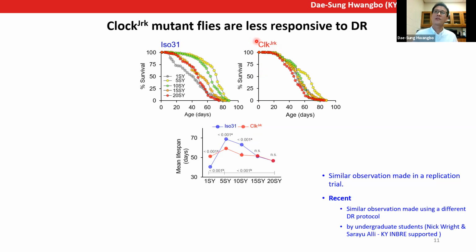These flies, the mutant flies, are behaviorally arrhythmic and molecularly arrhythmic as well. So those flies have completely lost the circadian clock inside. As you can see, they do not respond to diet restriction as much as the wild type control here and here. And we actually did multiple trials to make sure this is really the response.